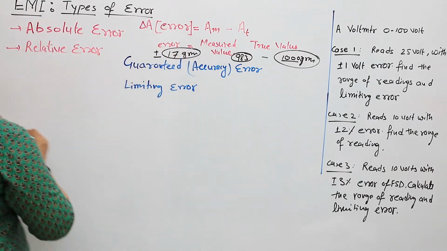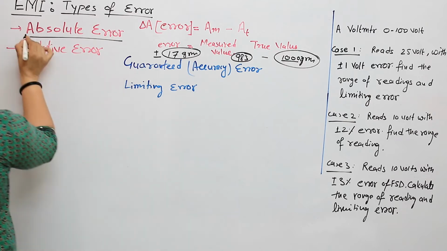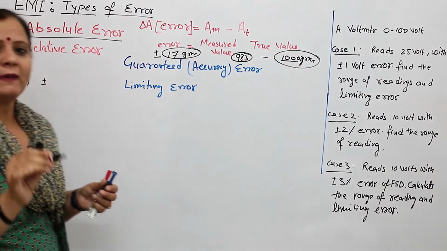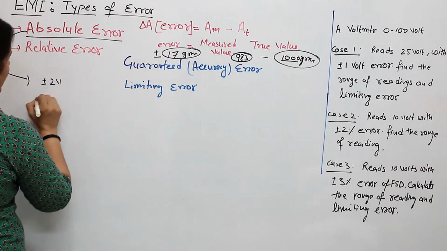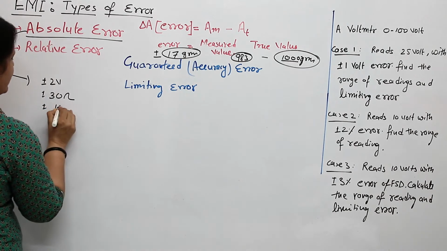In absolute error you mention the error with a numerical value and unit. Error will be mentioned as plus minus 2 volt, plus minus 30 ohm, plus minus 1 ampere.